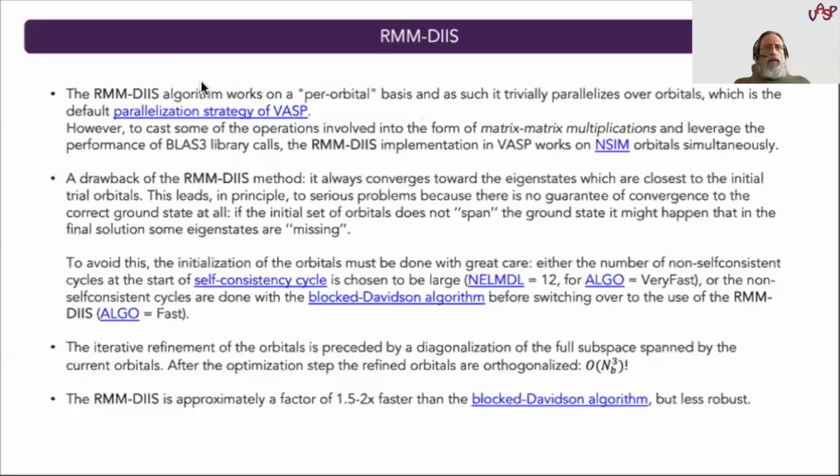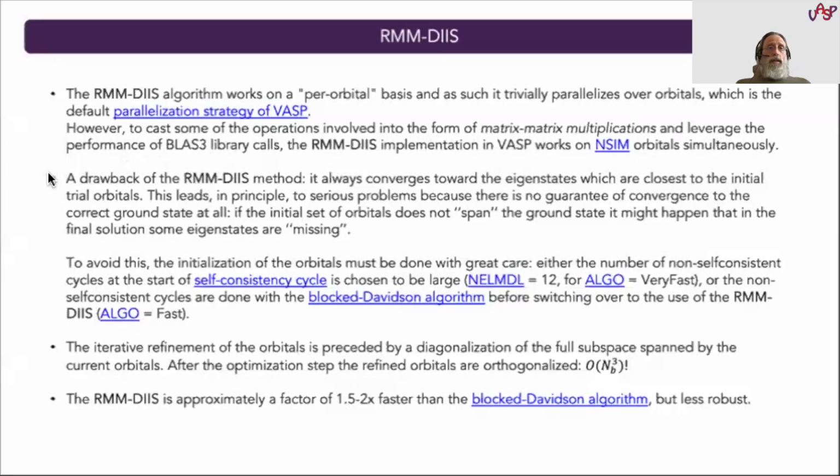So the good thing about RMM-DIIS is that it works completely on a per orbital basis. And as such, it parallelizes trivially over orbitals, which is good. To cast some of the operations into matrix-matrix multiplication form, we work on batches of orbitals simultaneously.